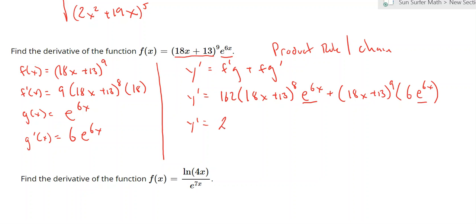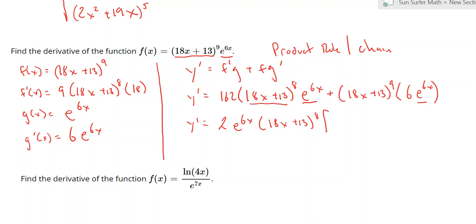I can take a factor of e to the 6x out. And I can also take a factor of 18x plus 13 out, the lowest power of that, which would be 18x plus 13 to the 8th power.